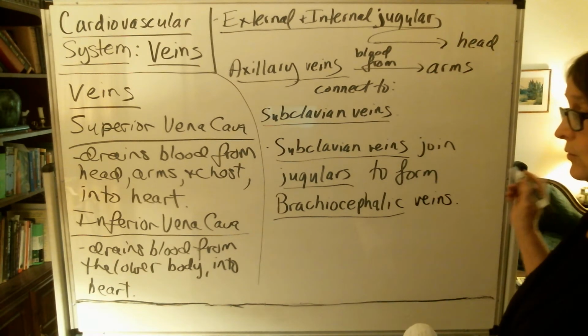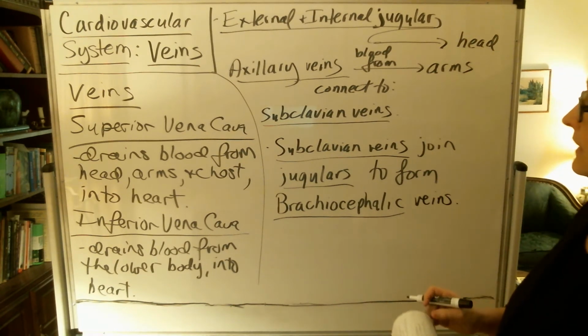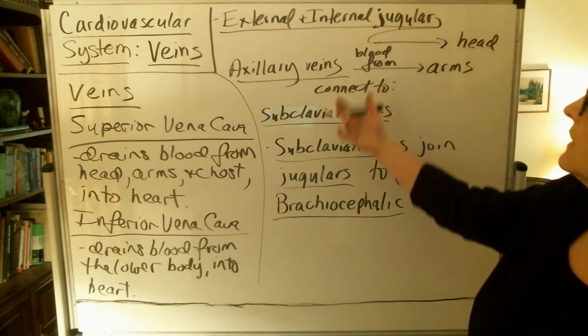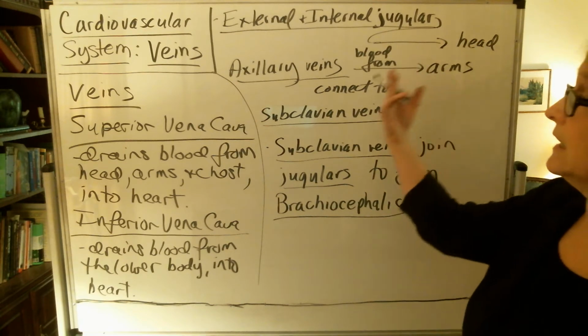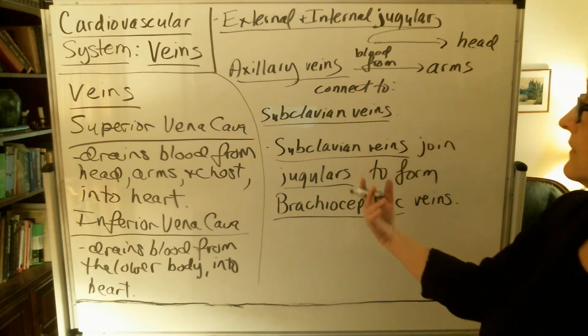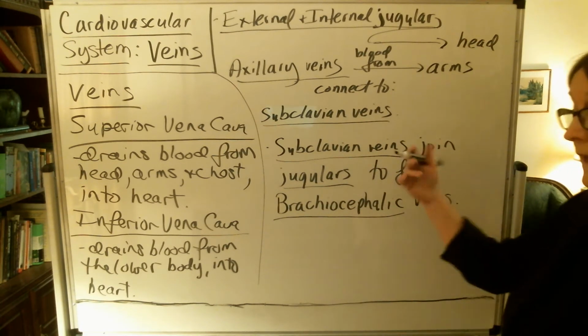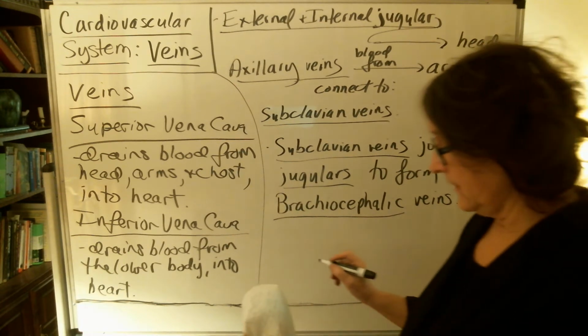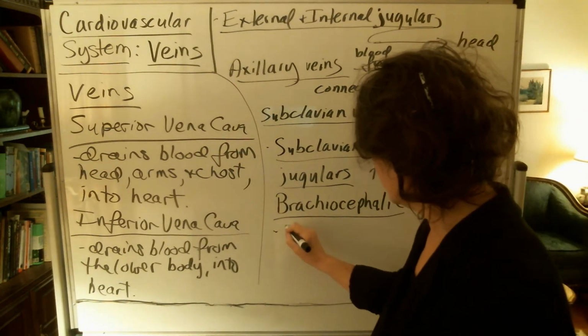So you've got two brachiocephalic veins. Remember, this is all right and left. So you have right and left external and internal jugulars, right and left axillaries, right and left subclavians, and eventually right and left brachiocephalics. But then these eventually come together.